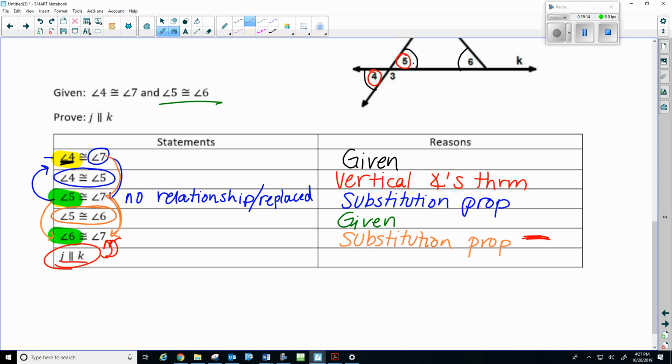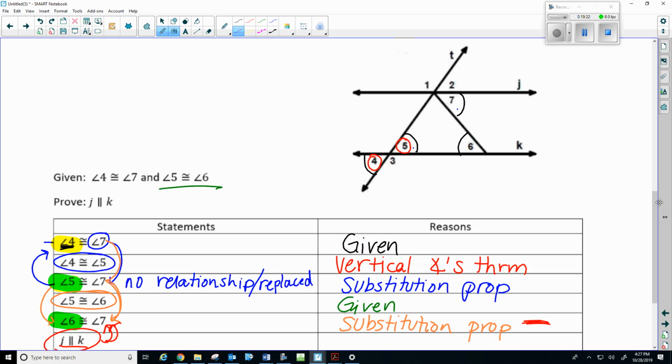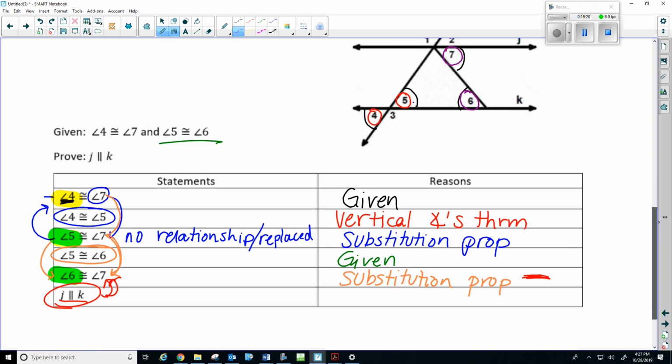So when we look at angle 6 and angle 7, changing colors over here, you have red up here. We look at angle 6 and we look at angle 7. We notice they are an angle pair. Here is their transversal. And because these two are congruent, we have alternate sides of the transversal, and we are interior to our lines.